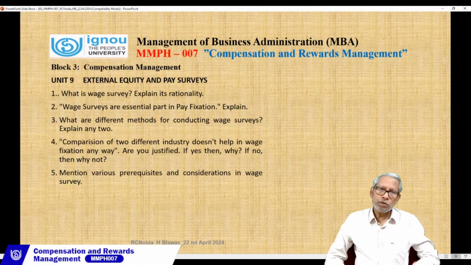Comparison of two different industrial systems. Then are you justified or not? These types of questions are coming from the various units. Mention various prerequisites and considerations of the wage survey. What are the prerequisites and the considerations in the wage survey?